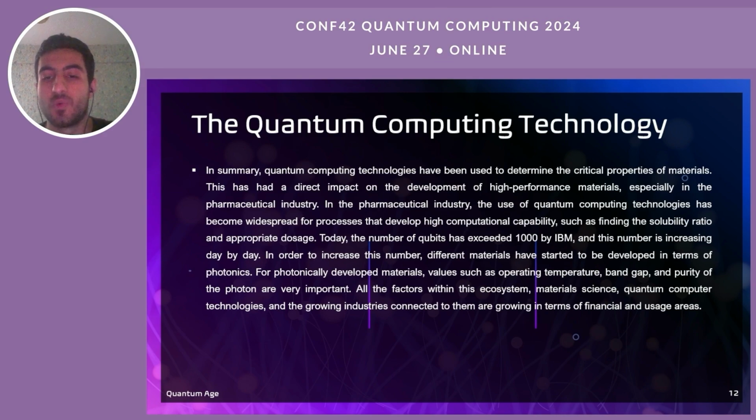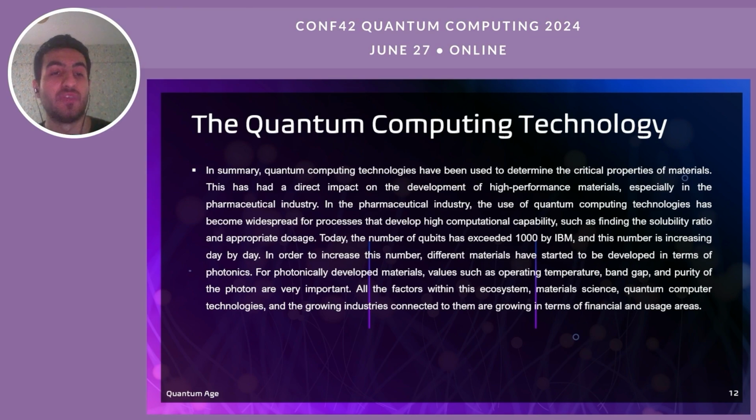All the factors within the ecosystem, material science, quantum computer technologies, and the growing industries connected to them, are growing in terms of financial and usage areas. As I said before, we are going to the quantum age with material science.